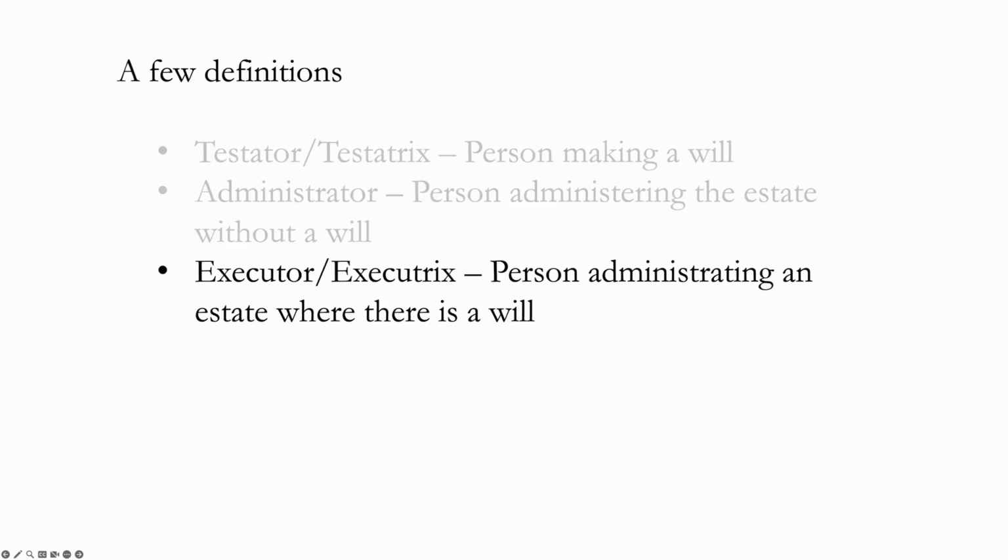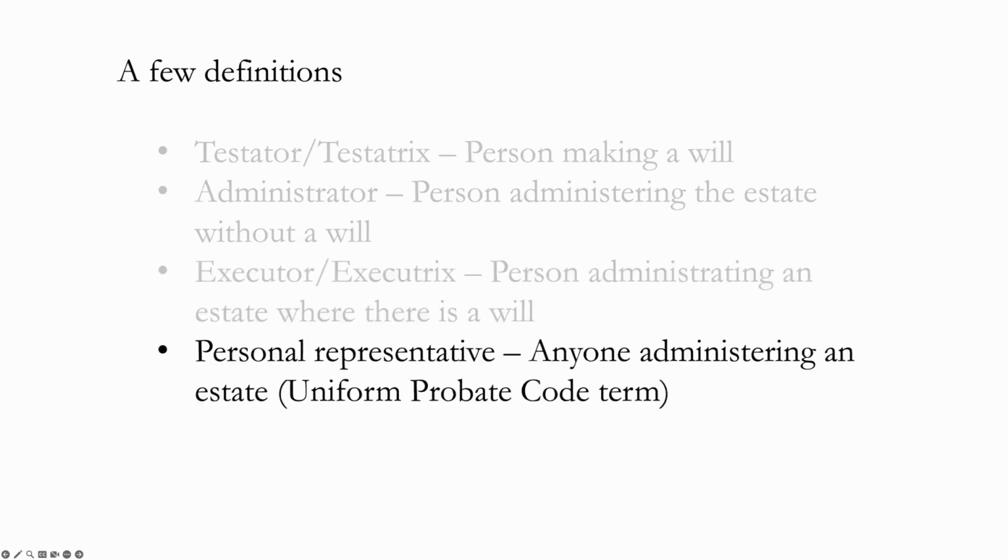An executor or executrix is the person administrating an estate where there is a will. So the terms kind of change. So you have the testator makes the will, the executor is the person who administers, or the surviving person, obviously. The executor has to be alive in order to take the will to court.